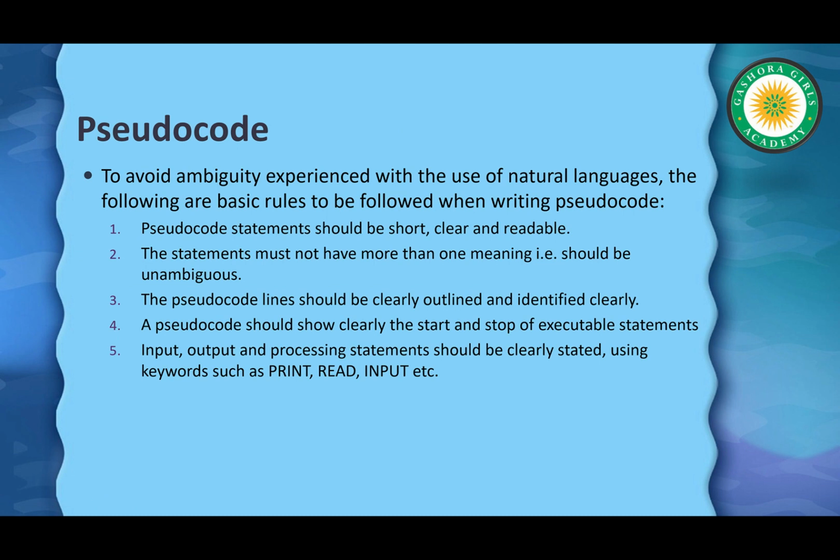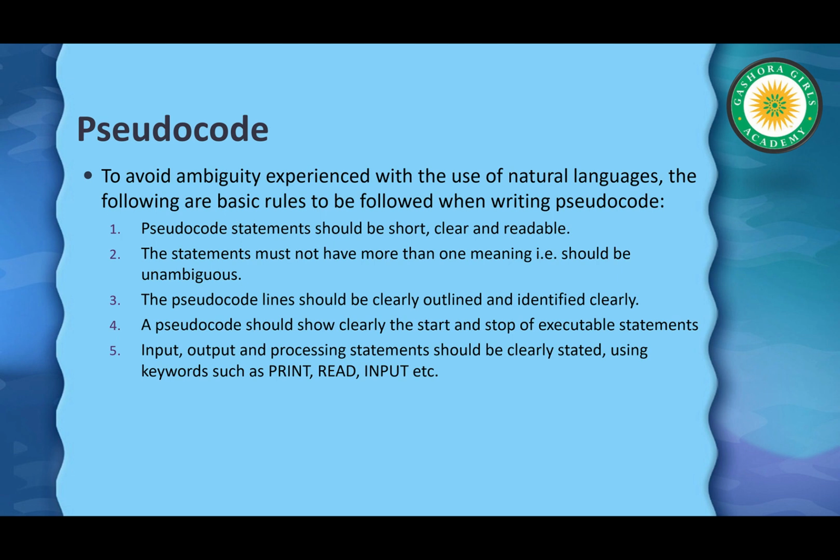In the next slide, we are going to see what you have to consider when writing the pseudocode. To avoid ambiguities experienced with the use of natural languages, the following basic rules are to be followed when writing a pseudocode. Number 1, pseudocode statements should be short, clear, and readable. You have to make sure your pseudocode is short, clear, and can be read in an easy way.